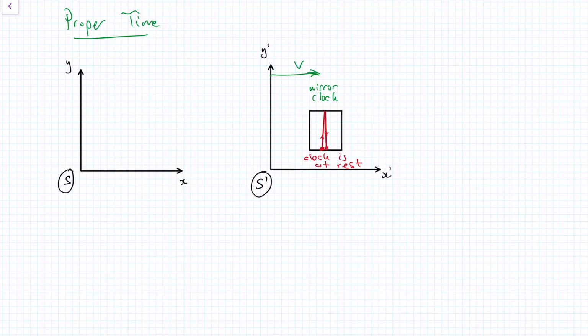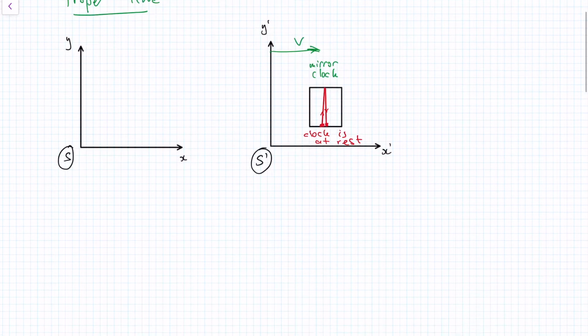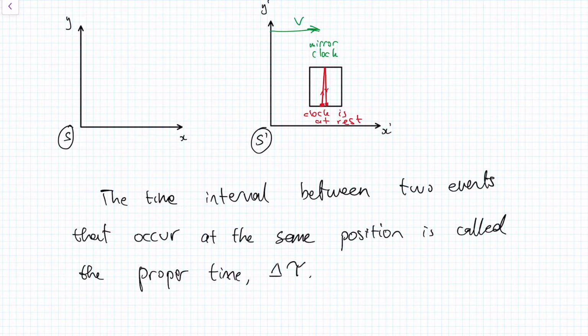And what is a proper time? Well, the proper time is the time interval between two events that occur at the same position, right? So I'll write it down. Now, what is quite crucial is that apart from S dashed, every other reference frame must be using two clocks.